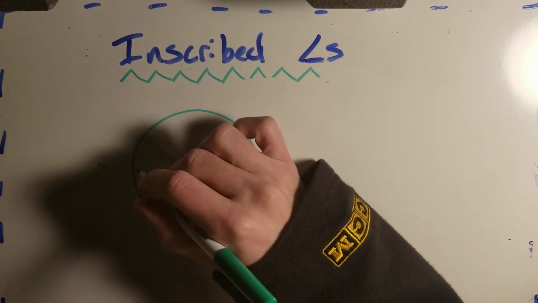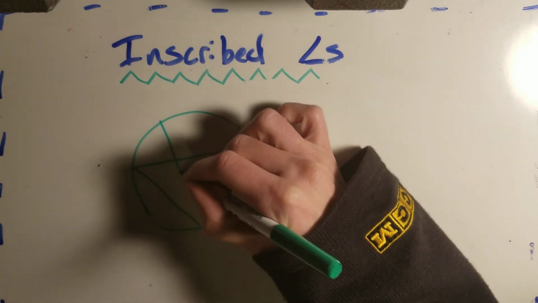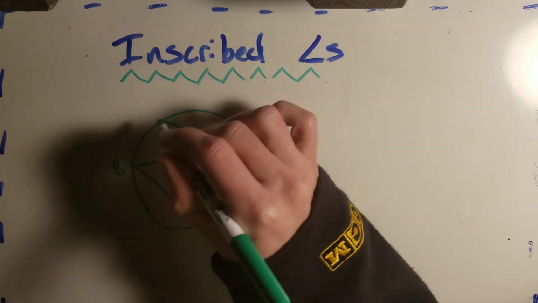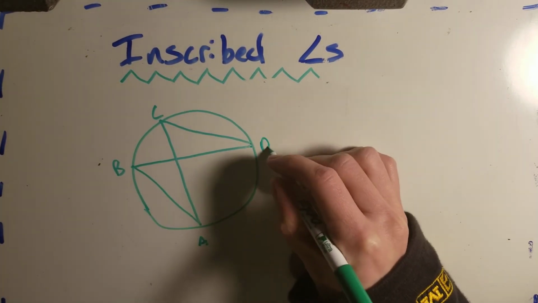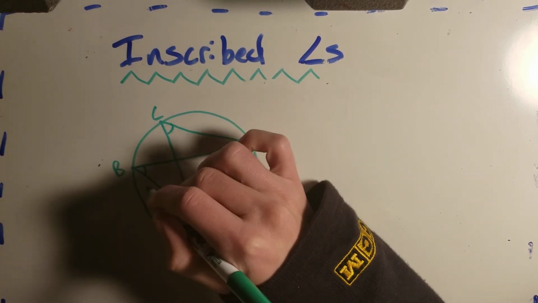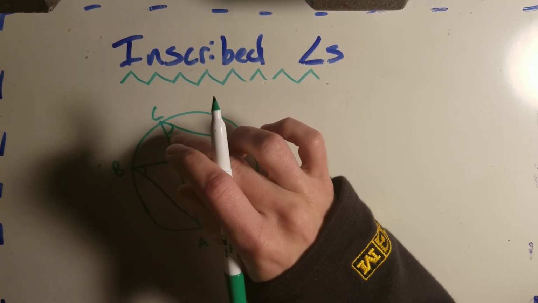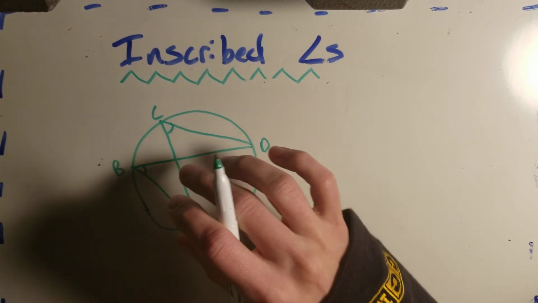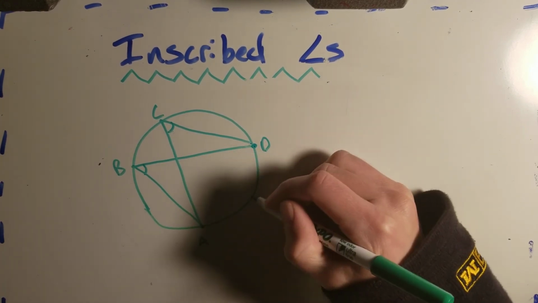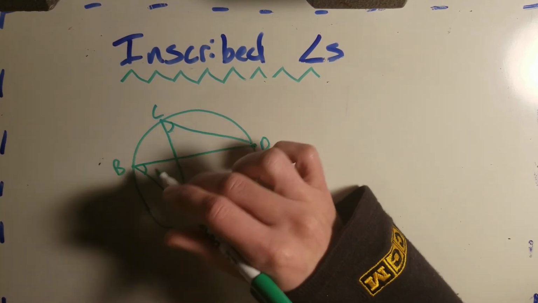If we have, here we go, this angle here and this angle here, AD. So if angle B and angle C both intercept our arc AD, if that's our intercepted arc for angle B and angle C, then angle B and angle C would be congruent.